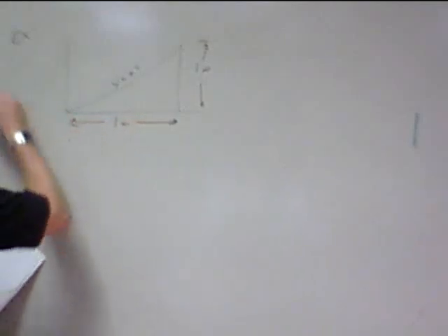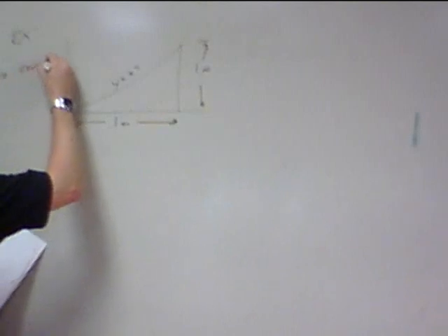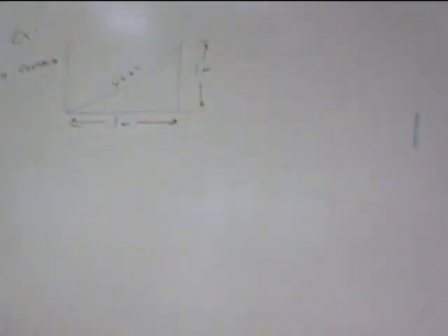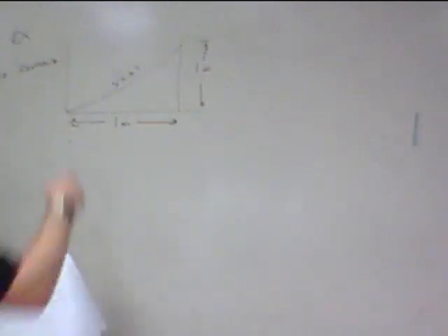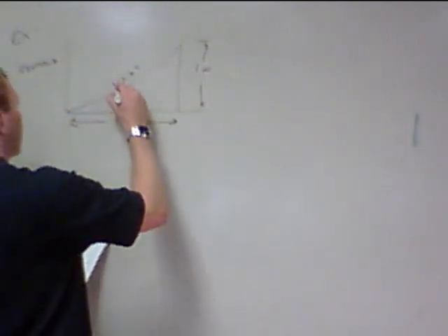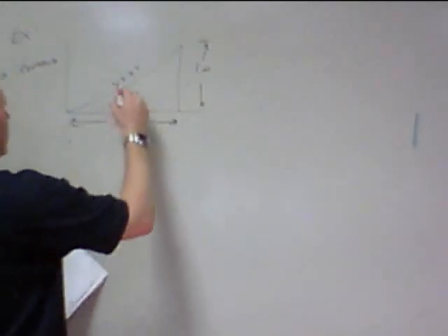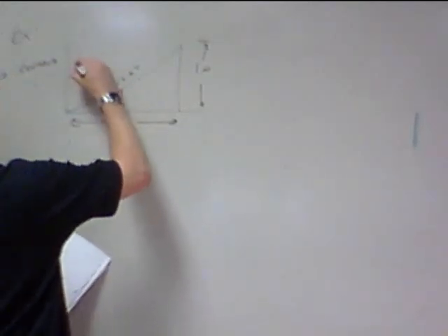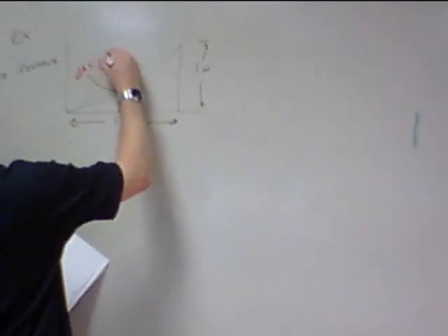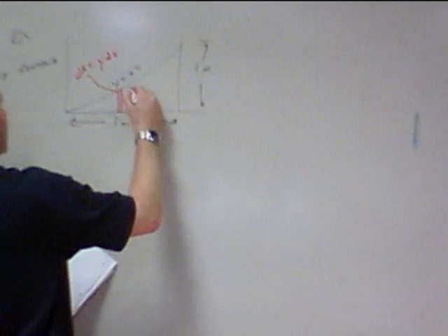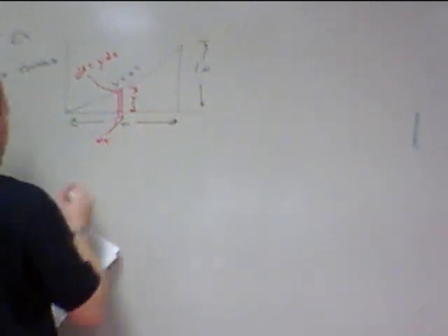We're again going to find the centroid. Because I have y equals x squared here, I'm going to make vertical slices. So dA, the differential area here, is going to be equal to y dx, because it's height y and width dx.